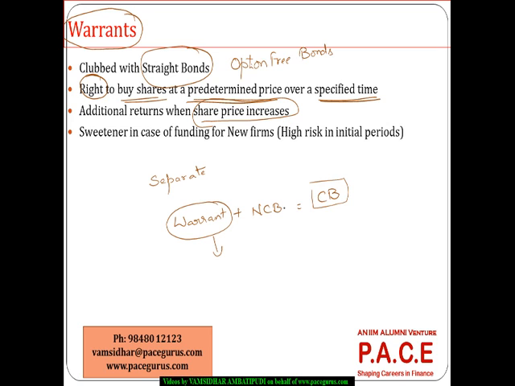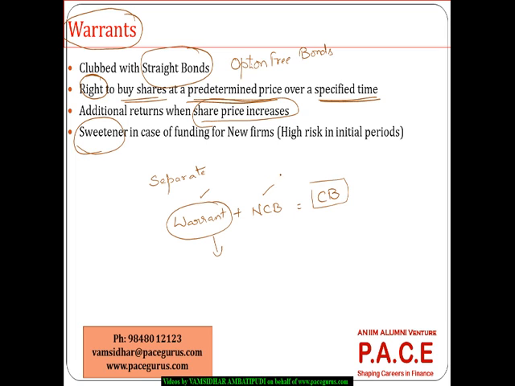So these are two separate instruments. He can purchase additional shares when a specified condition is met, especially when equity prices have gone up, and this will typically act as a sweetener, especially for new firms, because new firms cannot raise a huge volume of debt, and that would become more and more expensive.